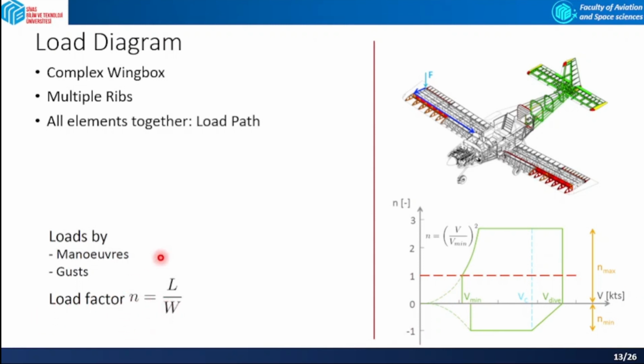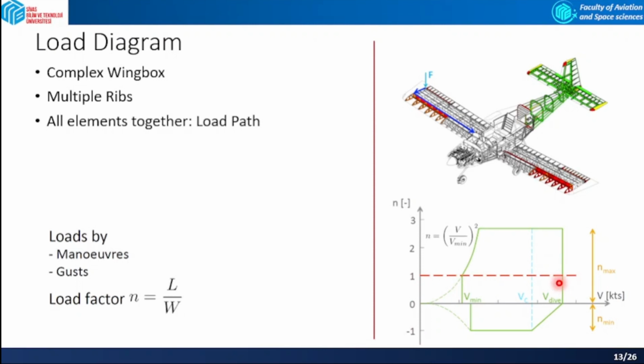The load factor N is lift to weight. So during steady horizontal flight, like cruise flight, this ratio is generally 1. The lift is equal to weight, and it is indicated by this horizontal dashed line in the diagram, n equal to 1.